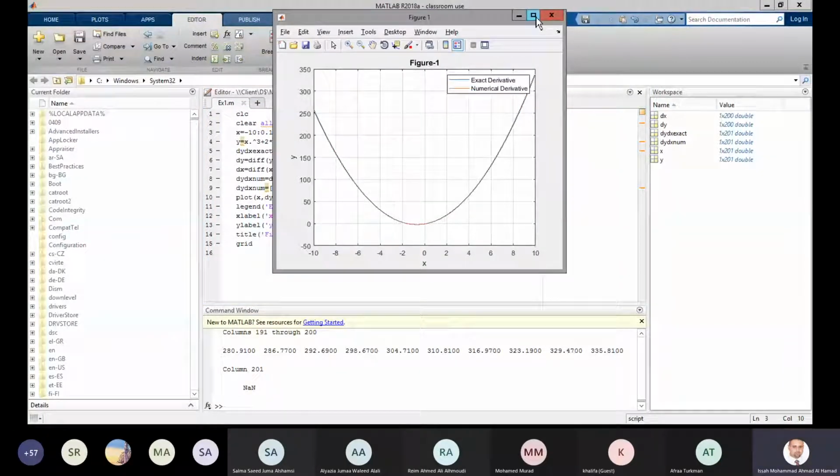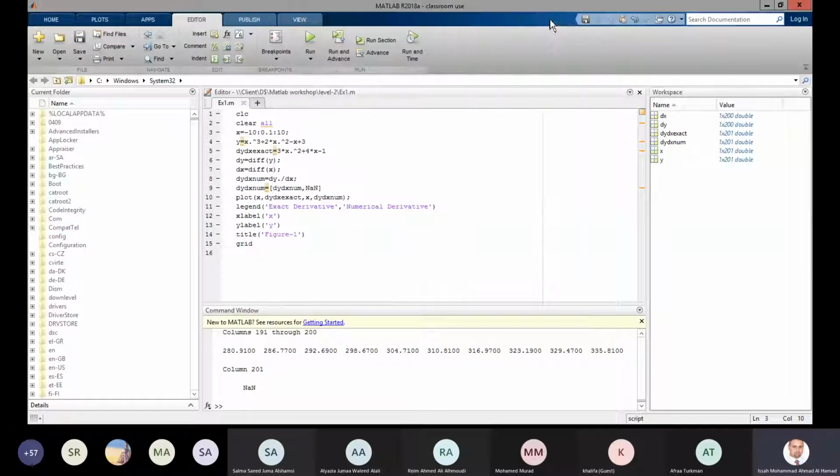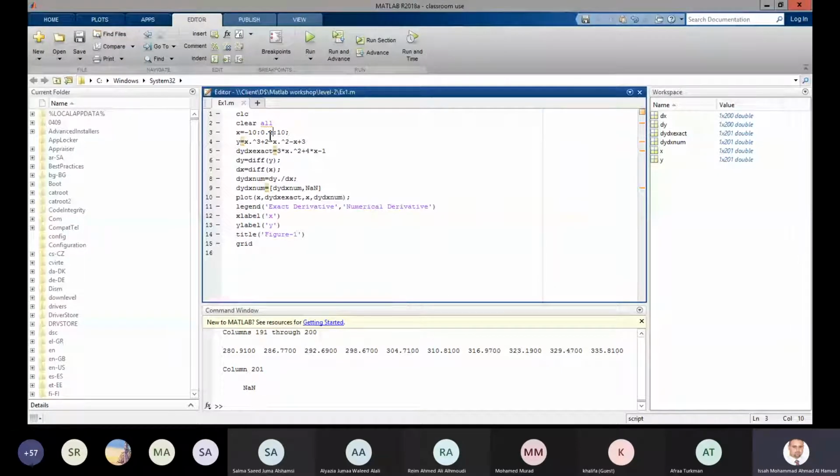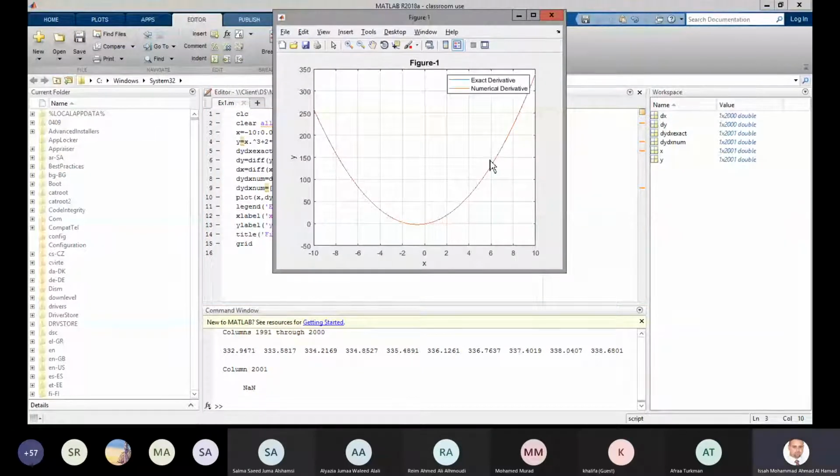If you look at the graph now, you will see that the lines are very close to each other. If you need it to be more accurate, you can add another 0, for example, and you will see that you get only one line. Both of them are on the same line. So this depends on the increment that you are using.